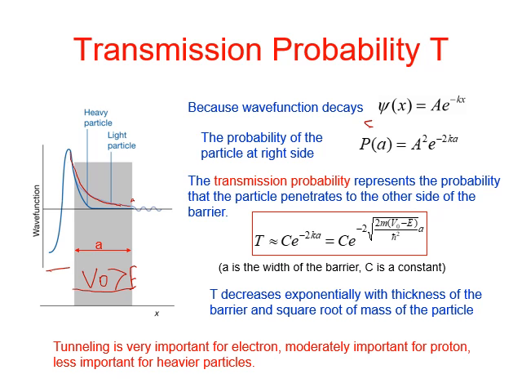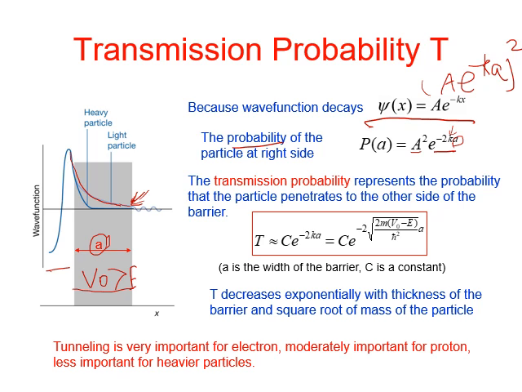According to this equation, the wave function at this side should be A e^(-Ka), where x is the length, and if the length is a, then it's Ka. So that's the wave function at the right side. The probability of the particle on the right side should be the square of this, and that gives you e^(-2Ka).